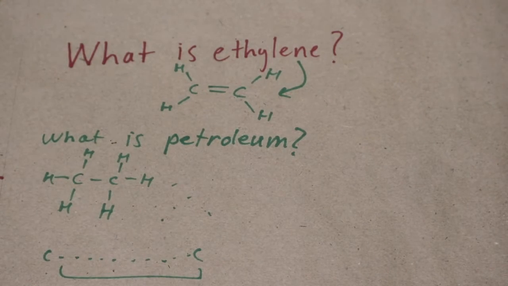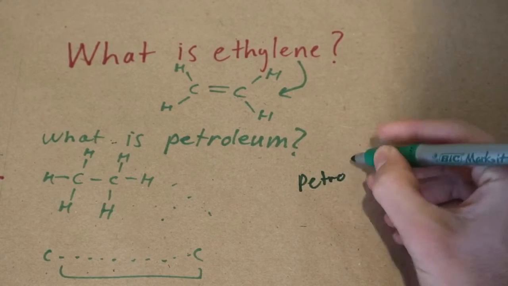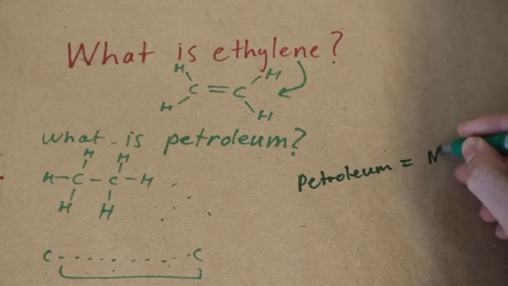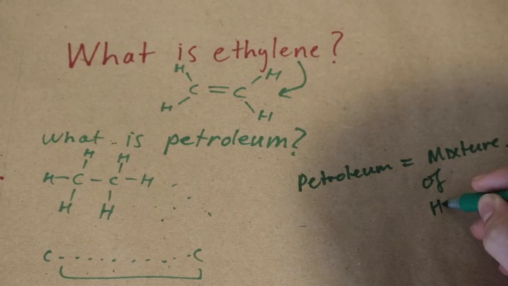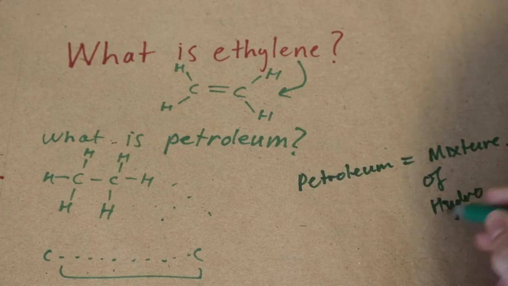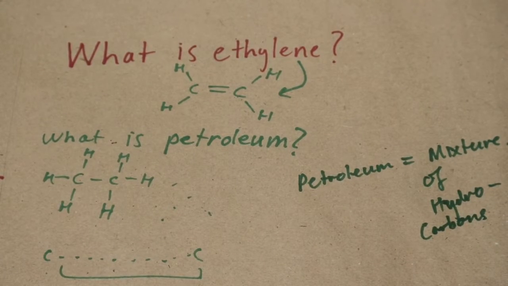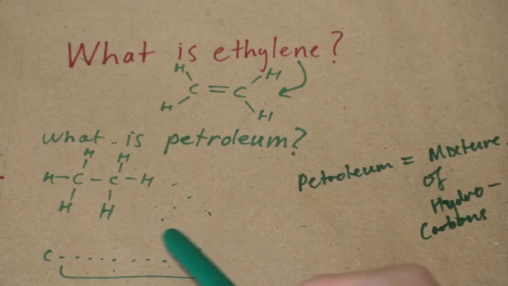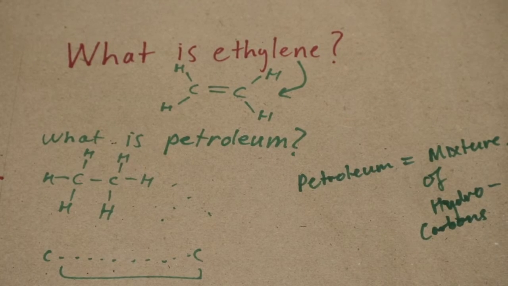So just as a quick summary, petroleum is a mixture of hydrocarbons, and all we're doing is using heat and a catalyst known as a zeolite to break down these large molecular weight fractions of petroleum into lower molecular weight fractions, because those are a little bit more useful in industry, and they're just a little bit more valuable to people who wish to make certain products.